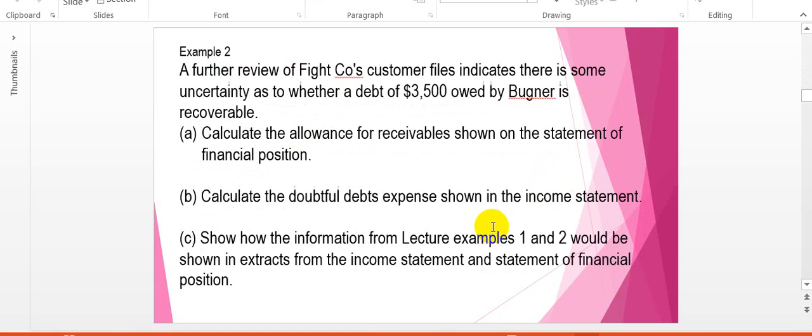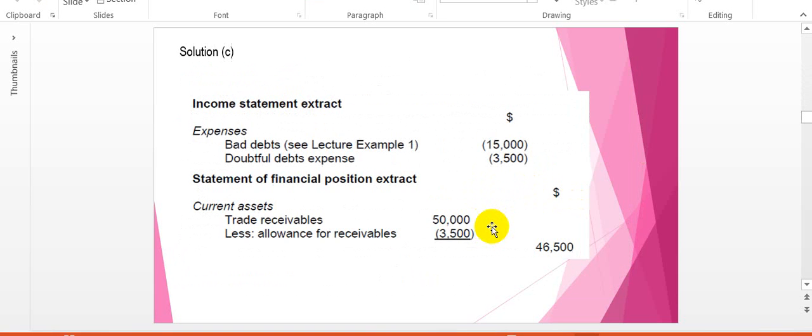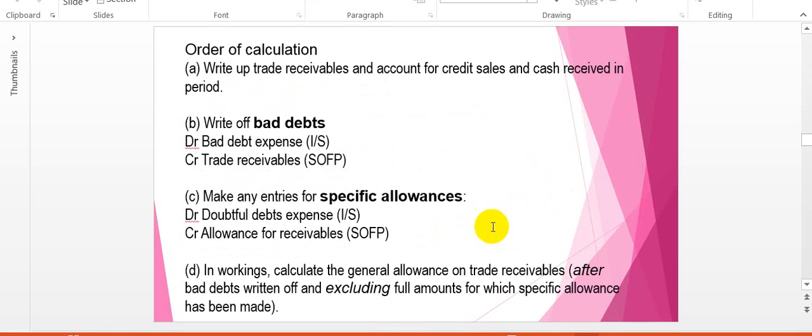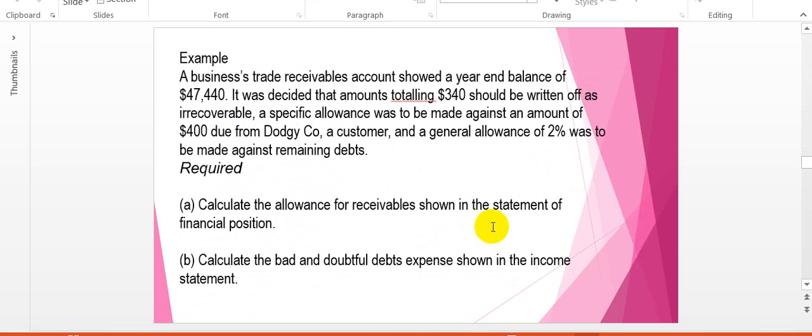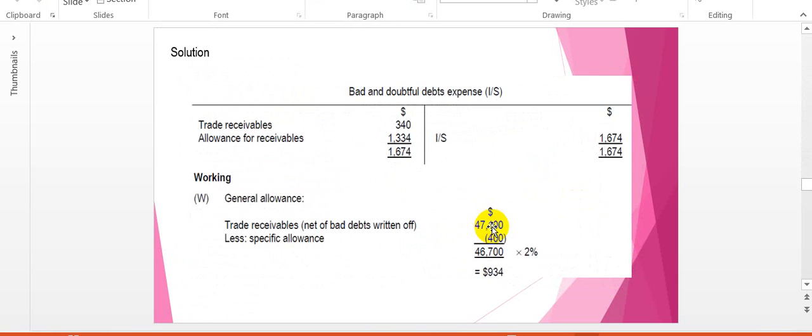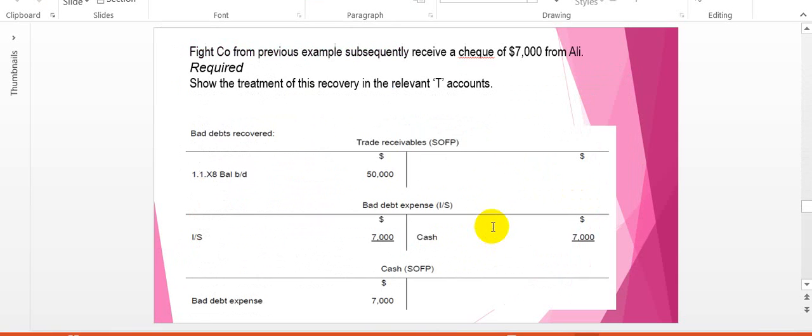Now Ali comes back in the following year and pays us the amount which we had written off earlier. So we're required to show the accounting treatment in the relevant T accounts.